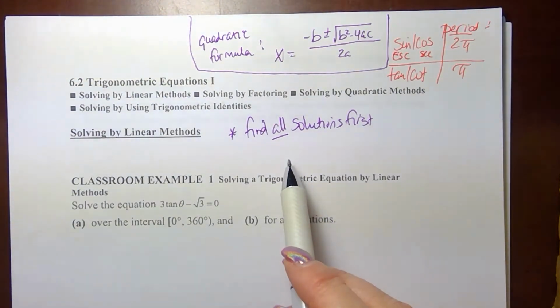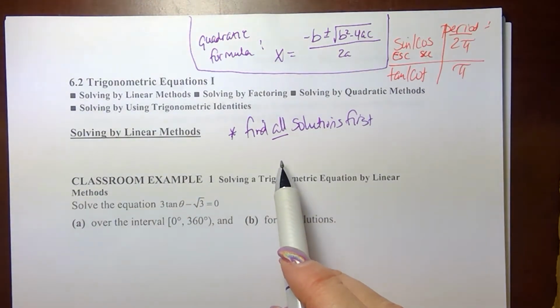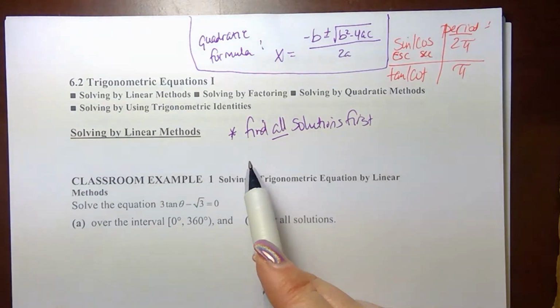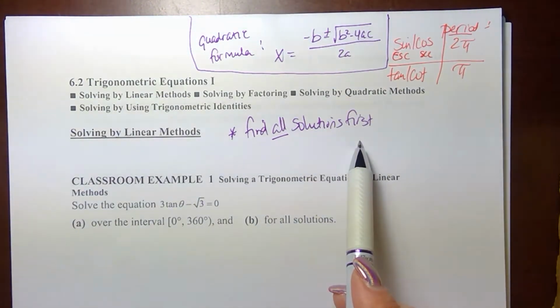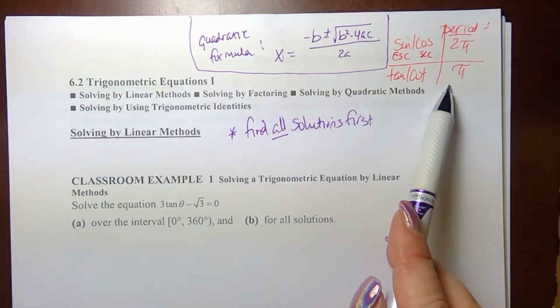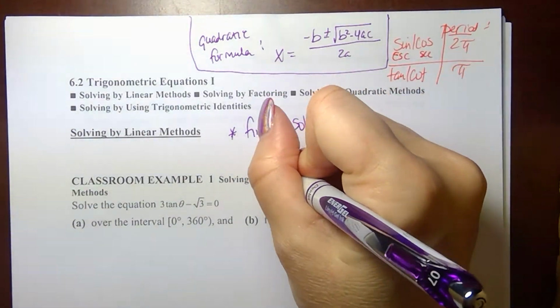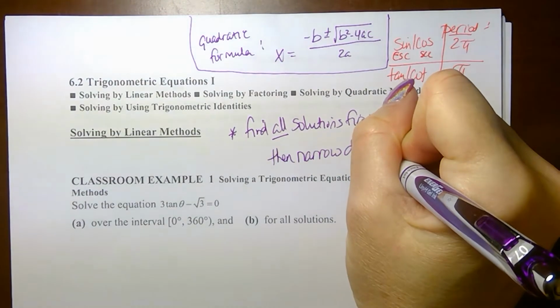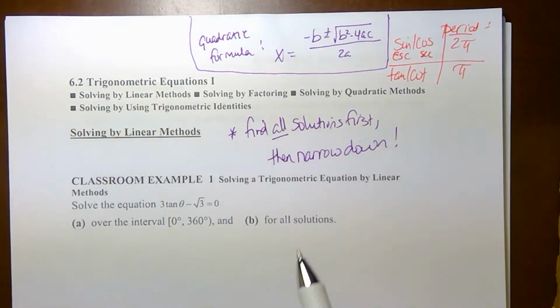It's repetitive. My angles are angles of rotation. They can just keep getting larger, either positive or negative. So think about finding all solutions first. That's where this periodicity comes into play. And then narrow it down to the window that you are asked to look at.